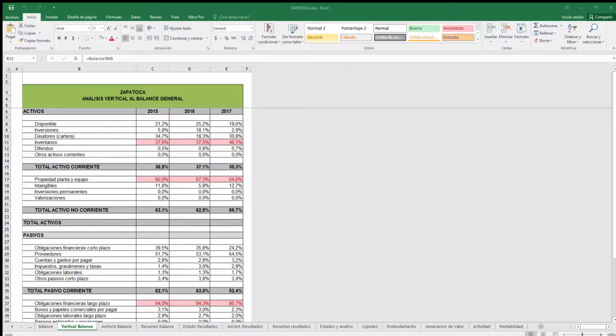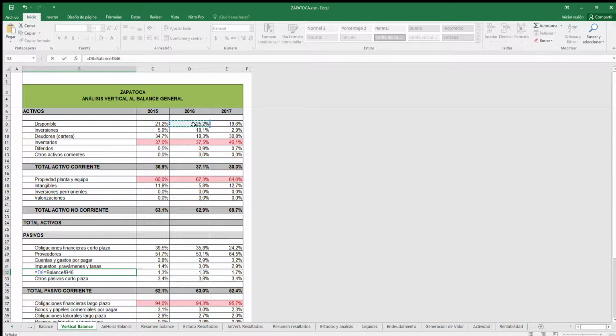The vertical analysis, as you know, is a financial analysis used to interpret and analyze the financial statements, which consists of determining the proportional weight in percentage that each account has within the financial statement.